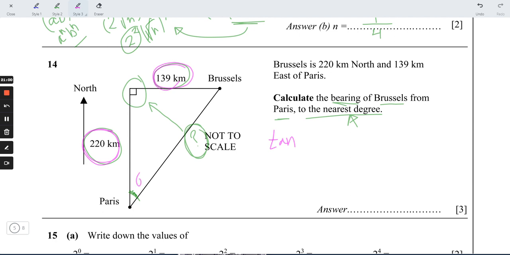So in this case we will use tan theta. Let's say this is theta, so tan theta equals opposite over adjacent, which is 139 over 220. Tan is sine over cosine, but simplified you get opposite over adjacent.